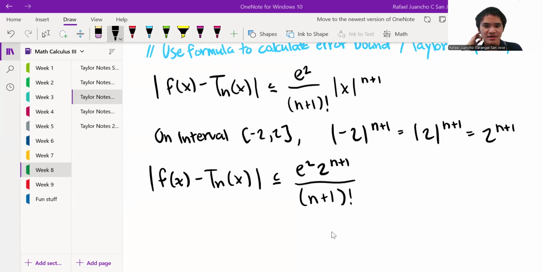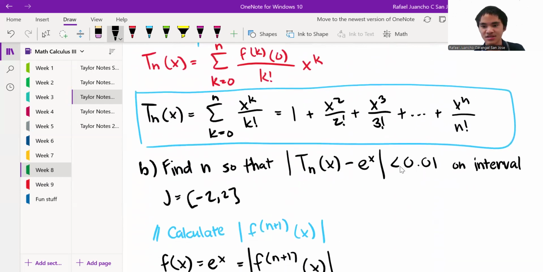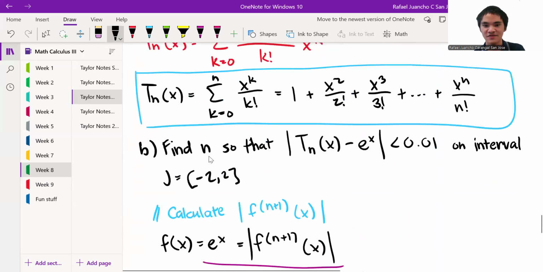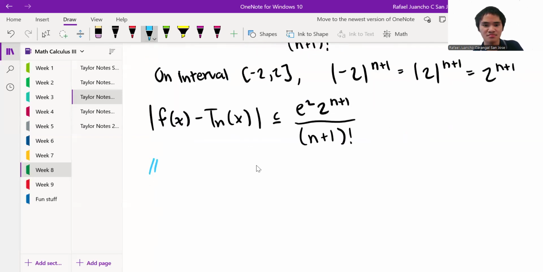And then, so what was the question again? We want to find an n. That's this. So now we calculate for n. That's the hard part. So when we calculate for n, oh crap. Shoot. So this is a guessing game.